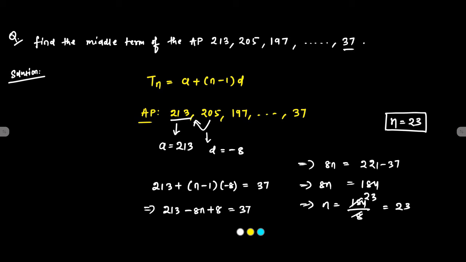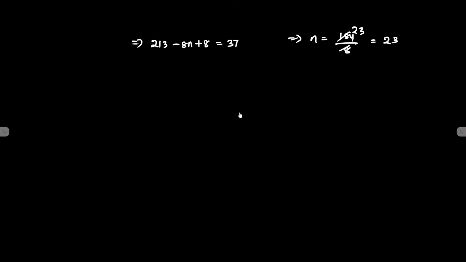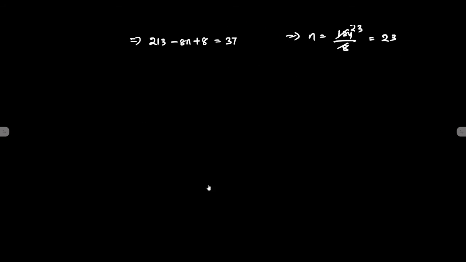So if we try to split 23 into two equal halves, starting from the first position, we have, let's say, 11 terms, then we have the middle term, let's say the 12th term.